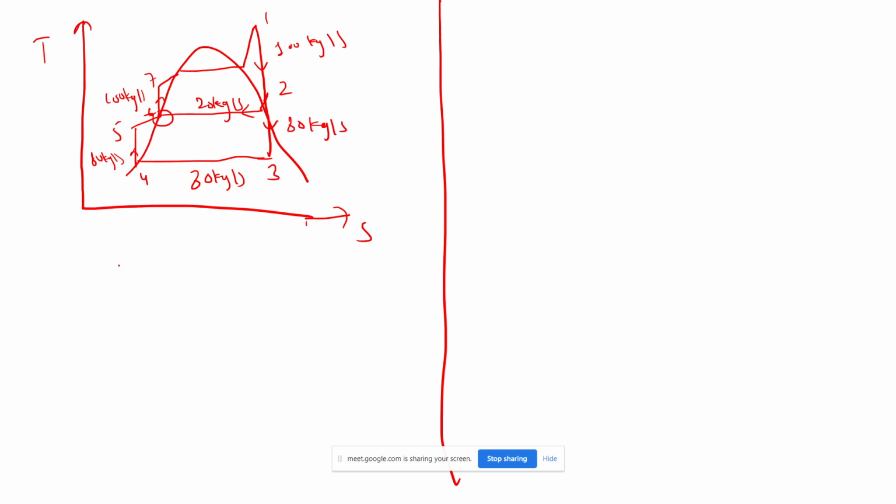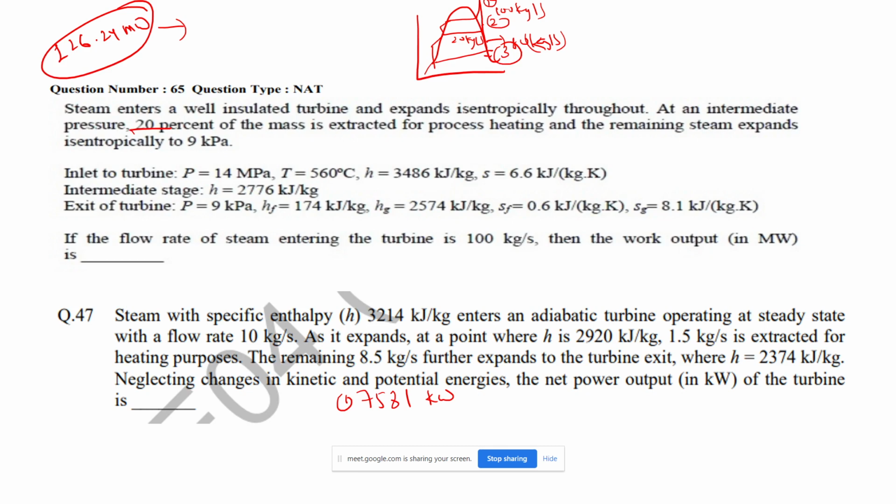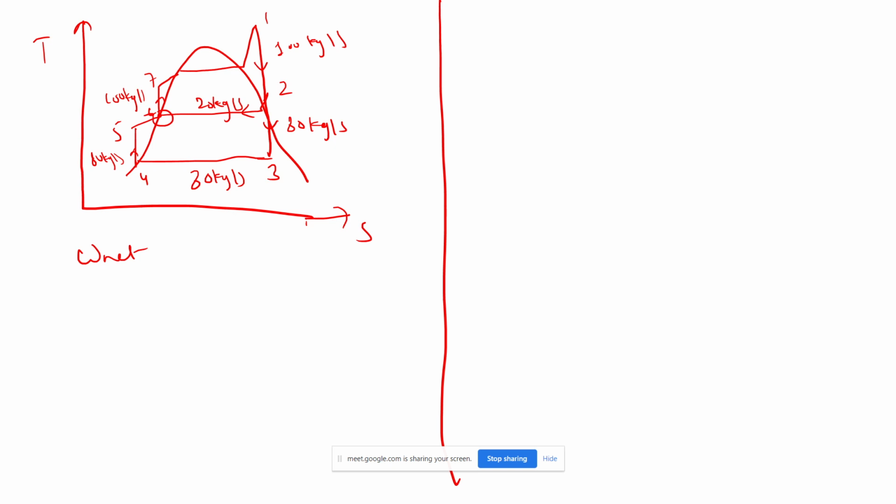Okay, so what they have asked in the question is the net work output in megawatts. So net work will be equal to turbine work minus pump work. The turbine work will be 100 into H1 minus H2, plus 80 into H2 minus H3.